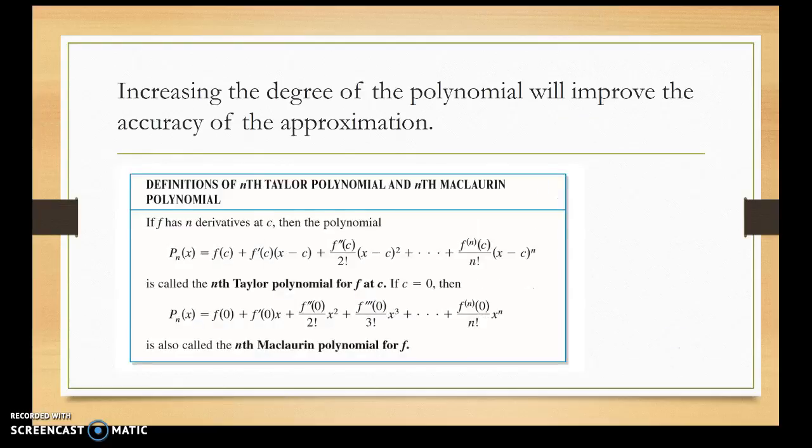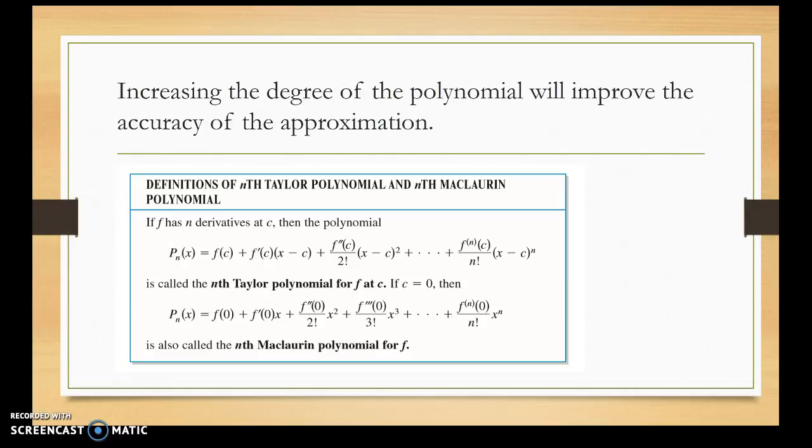Now as we see, increasing the degree of the polynomial will make the approximation that much better. If you only look at the first derivative, then that's going to be a limited approximation. The closer that you get the polynomial to the function, the better the approximation will be.